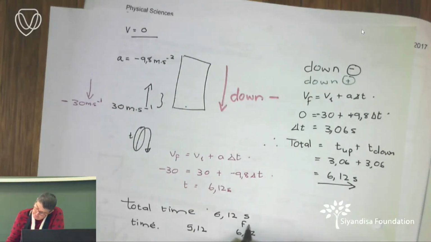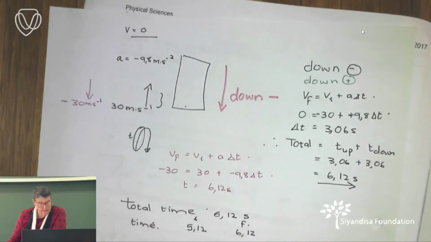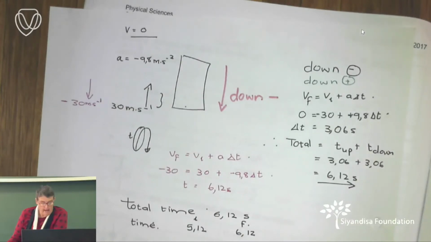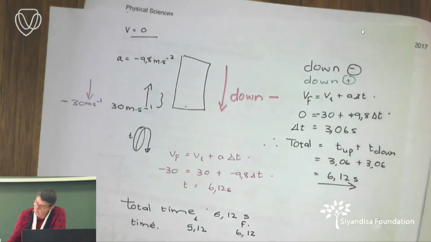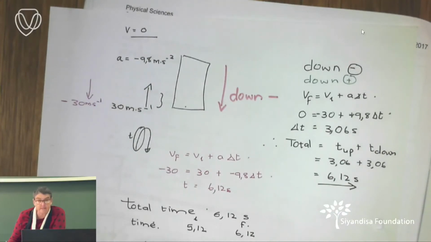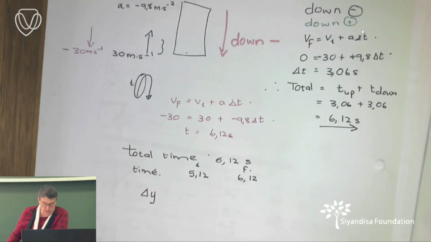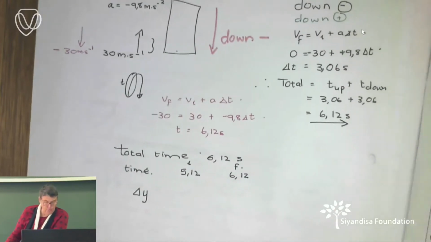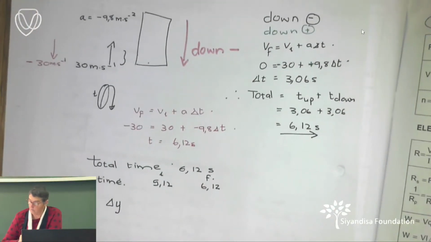Remember, this becomes final, this becomes initial. Okay? And now what do we want to do? We want to know the change in the distance. So, what I would do is I would first go and work out, you can do this all in one if you want to.